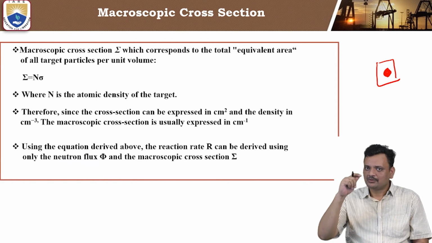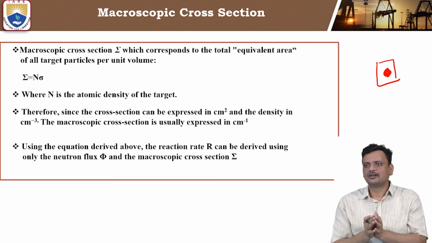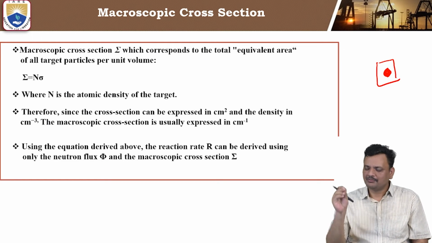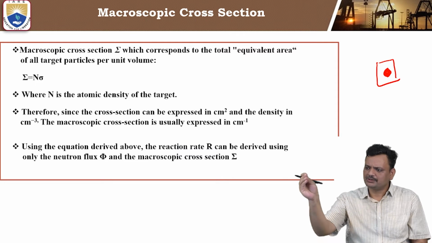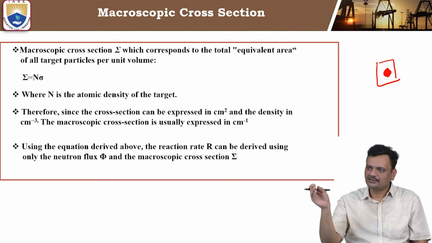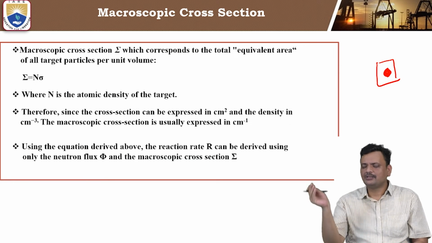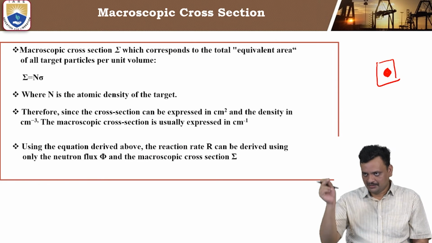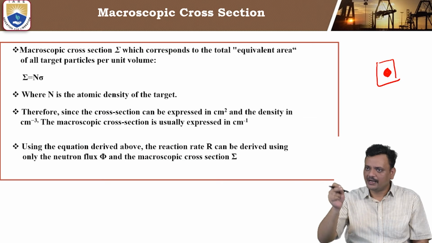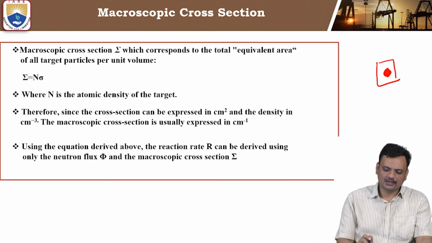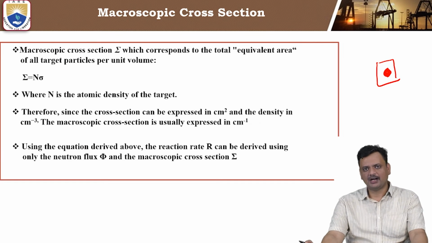Okay, so if we consider the whole entity per unit volume, suppose 10 atoms, means 10 nuclei, then considering all 10 nuclei, what should be the sum of the total cross sections of all 10 atoms? Okay, so it is denoted by sigma.